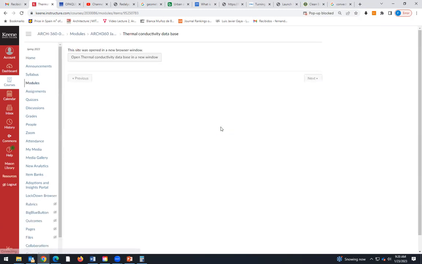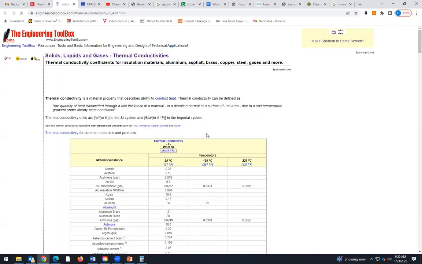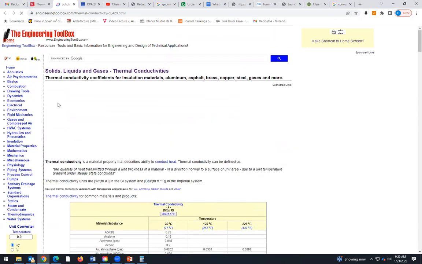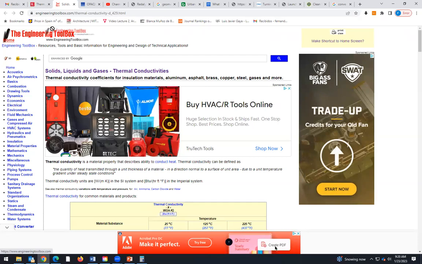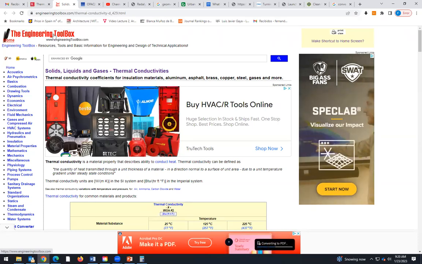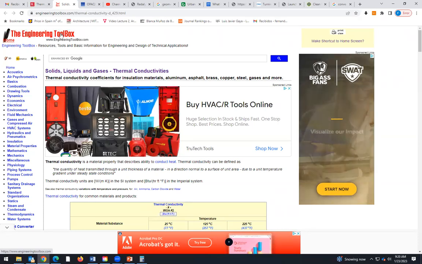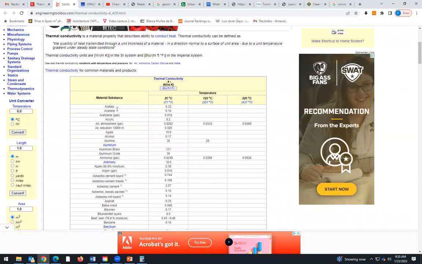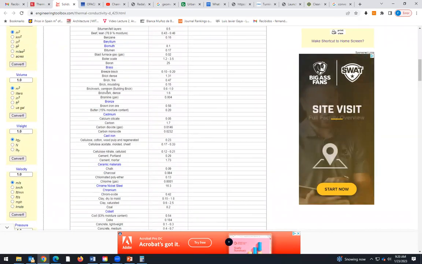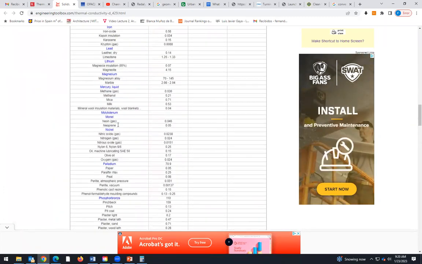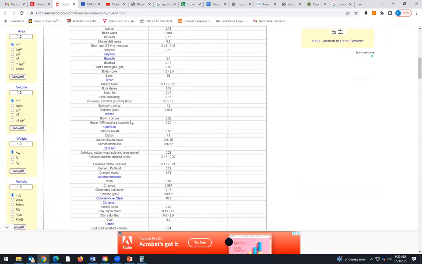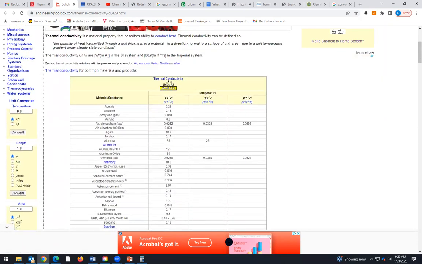If you click here, this is the engineering toolbox, a quite good online tool. And here we have thermal conductivities. We have a lot of materials, hundreds of materials.